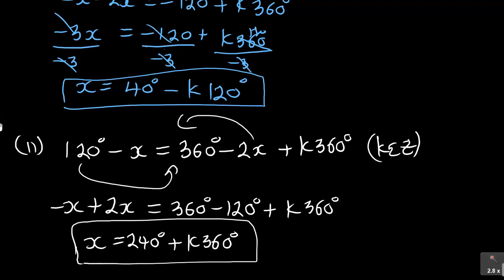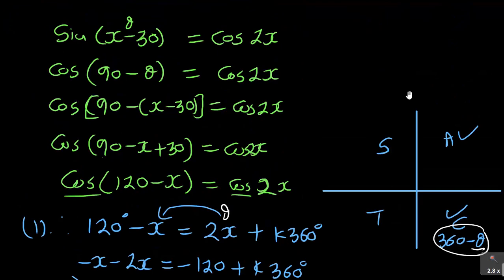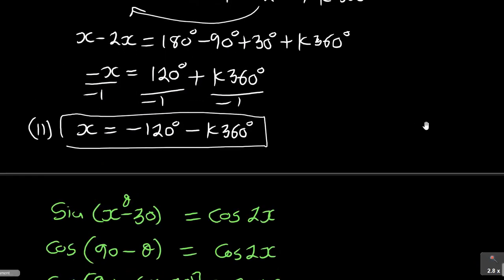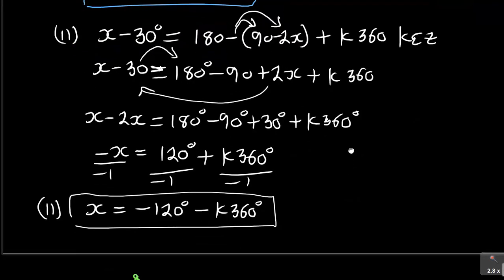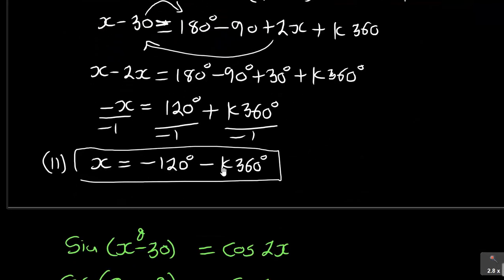So we have got two answers. The other one is 40 minus k 120. The other one is 240 plus k 360. If we compare with the other sine, it was here 40 plus k 120, and then we've got minus 120 minus k 360.